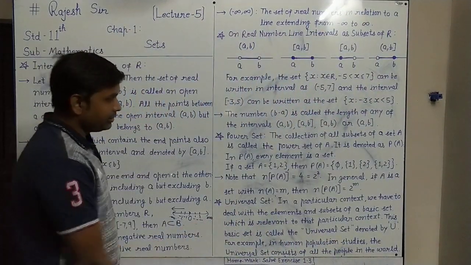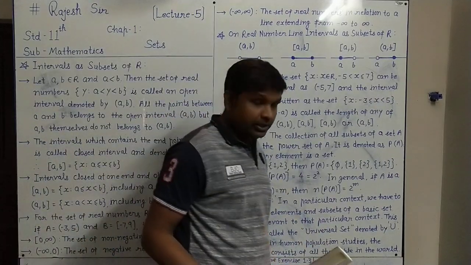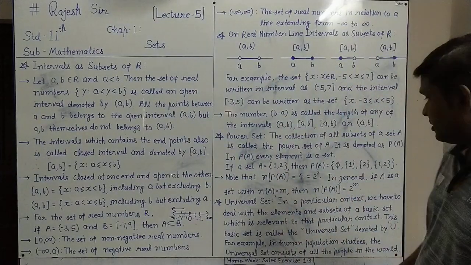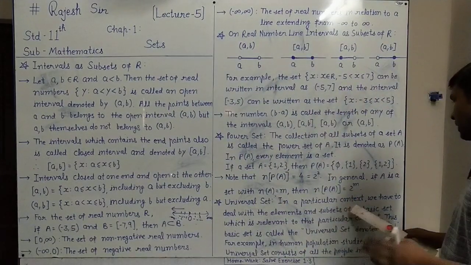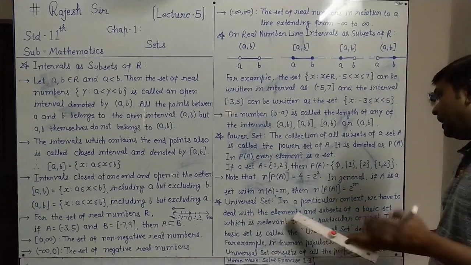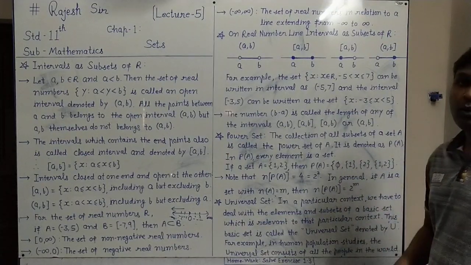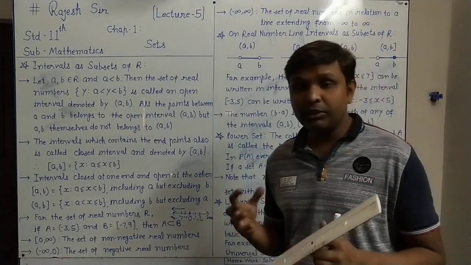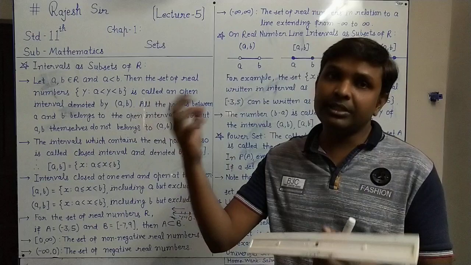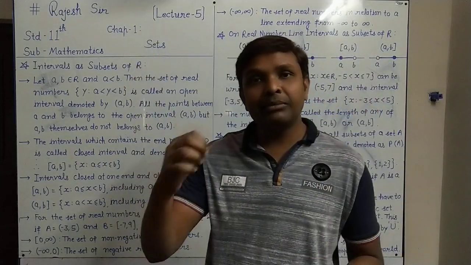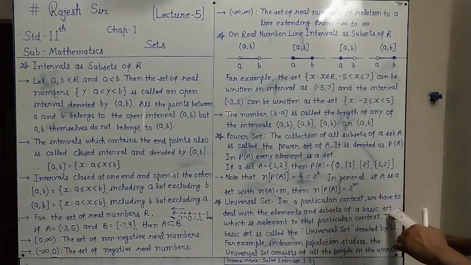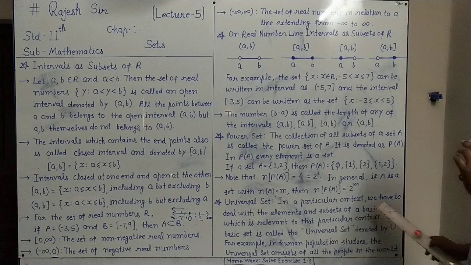Next is the universal set. So the universal set means it includes all the subsets and all the related things. Here we define it in a particular context. If you want to study anything, we have to deal with elements and subsets of a basic set.